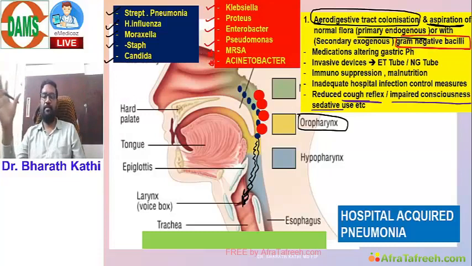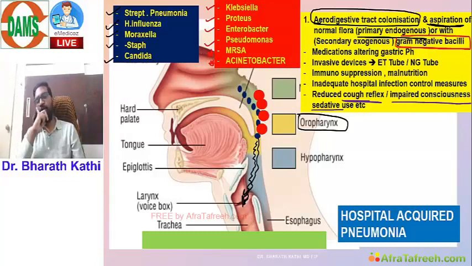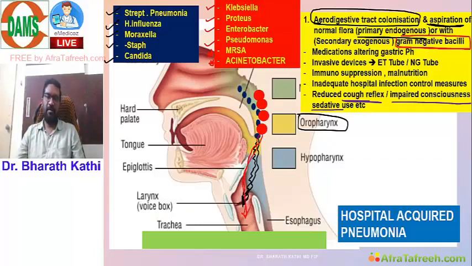So the gram-negative predominantly. Along with that, MRSA and Acinetobacter can grow, and because of host factors, impaired consciousness, some neurological defect, sedative or opioid use, they can get aspirated. So once they get aspirated into the lung, what will happen? It will develop pneumonia.